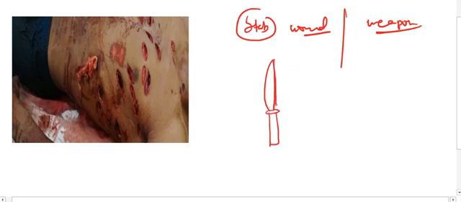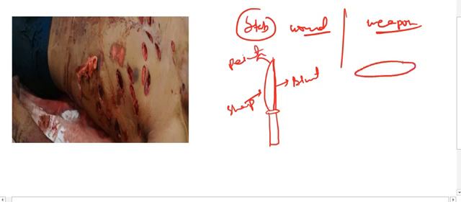Now we will discuss the single-edged weapon. This edge is blunt and this one is sharp and this end is pointed. So the length of the stab wound is equal to the width of the blade of the weapon.